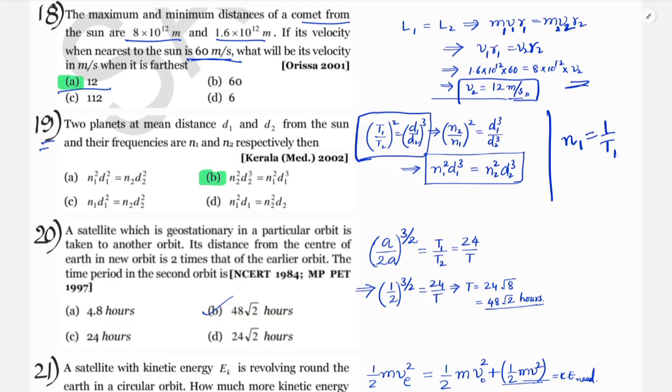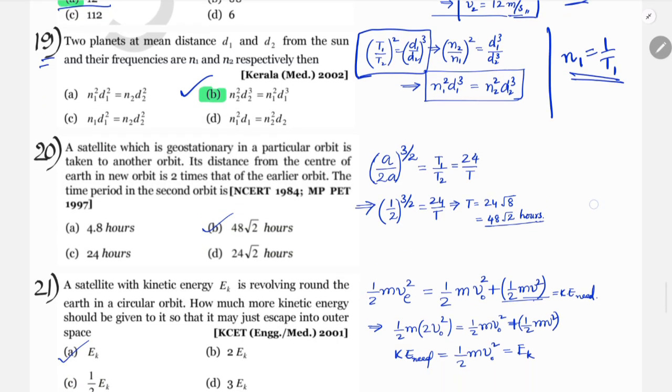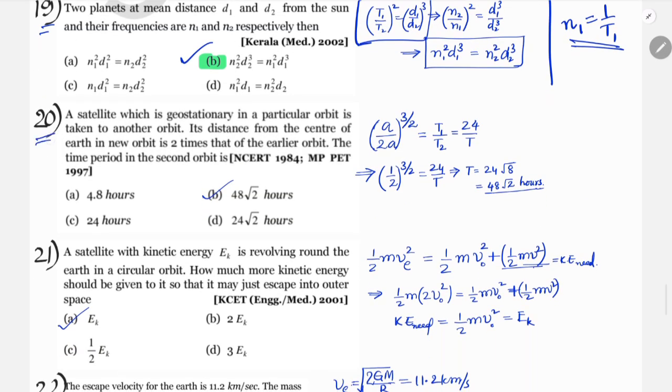So in place of 1 by t1 you can place n1, and in place of 1 by t2 you can place n2. They are inversely proportional, so in place of t1 by t2 I can say n2 by n1. So n2 by n1 whole square is equal to d1 by d2 whole cube. Now cross multiply, you will get this relation.